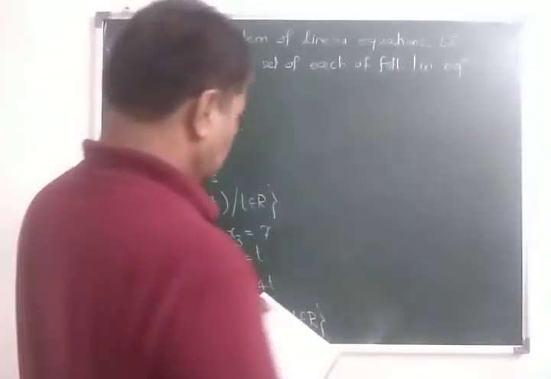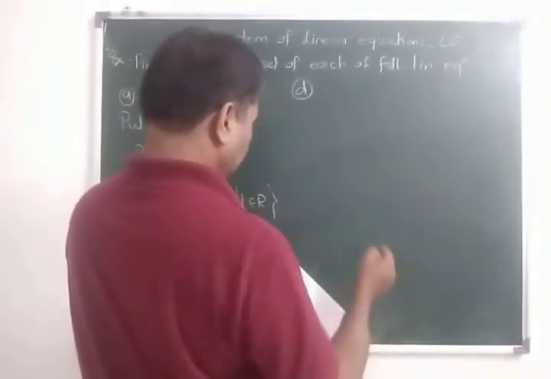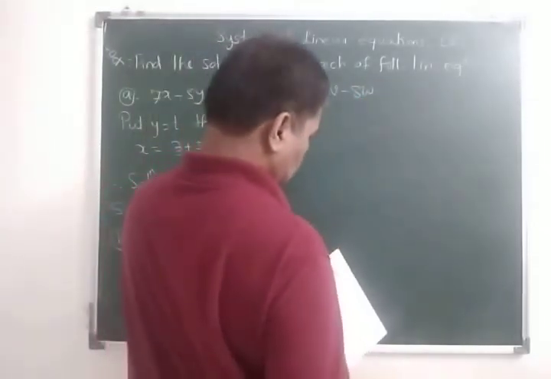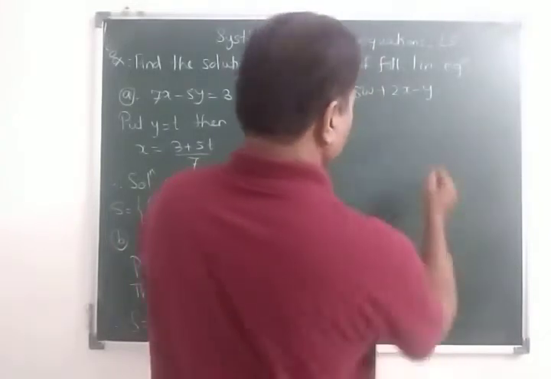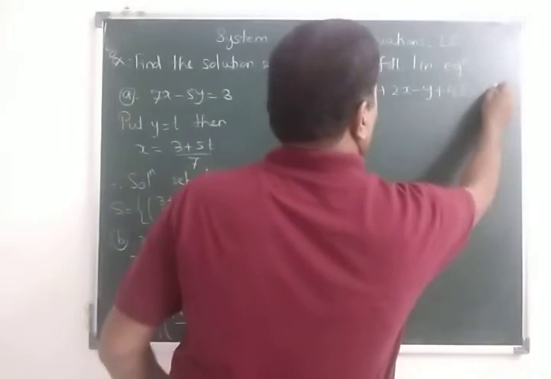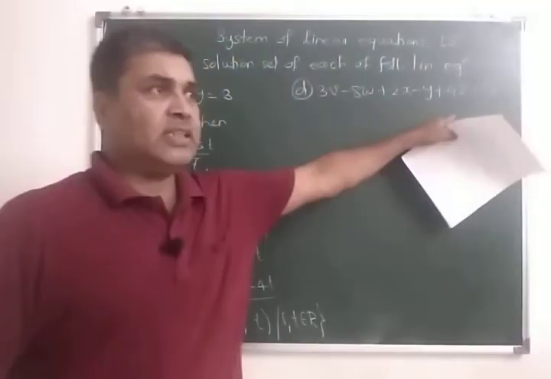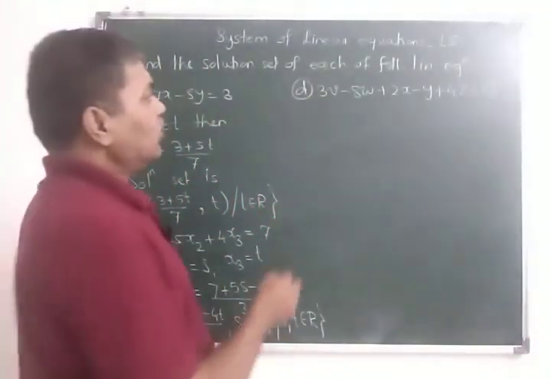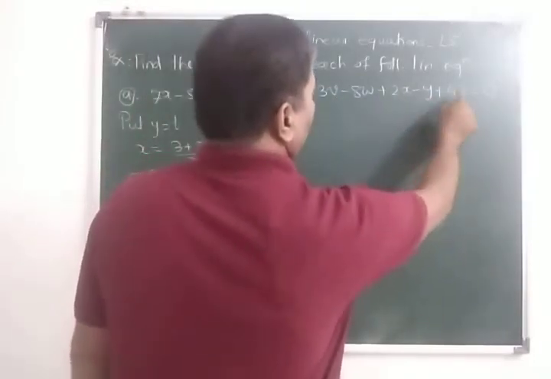The next one is part D in the exercise: 3v minus 8w plus 2x minus y plus 4z is equal to 0. This is a homogeneous equation in which the right hand side is 0, therefore it is a homogeneous equation. These others are non-homogeneous equations. So now this equation is in 1, 2, 3, 4, 5 variables.